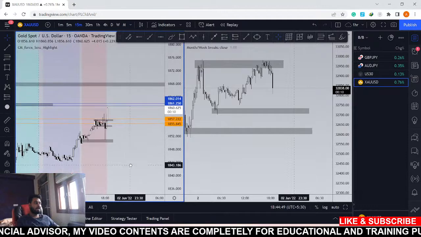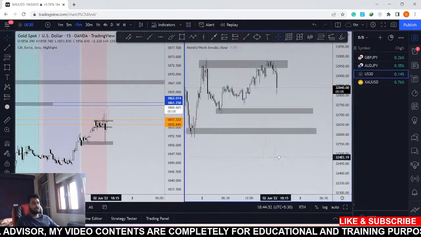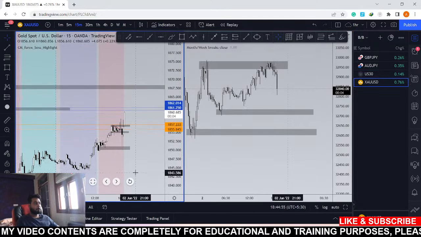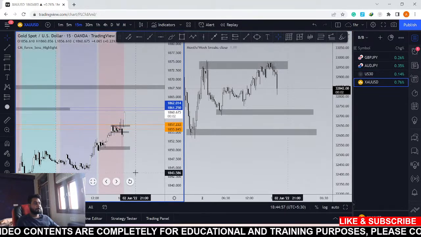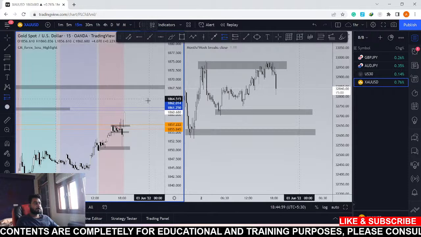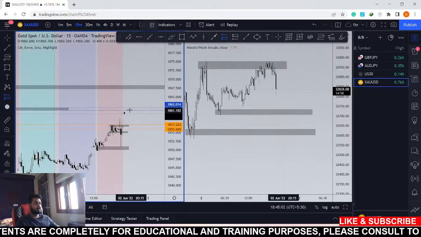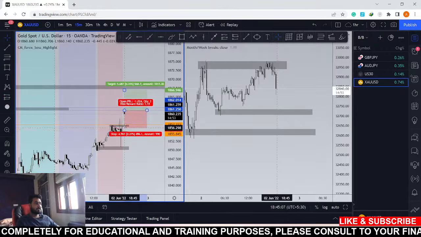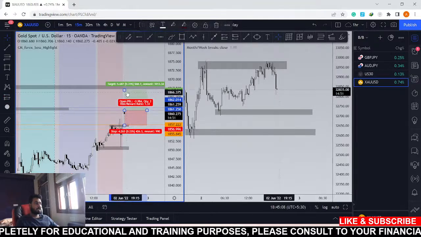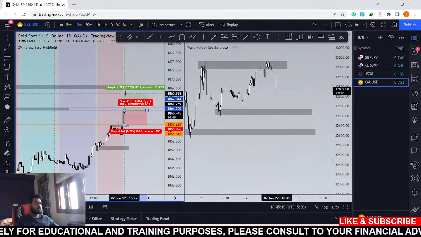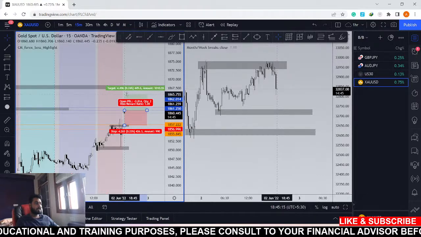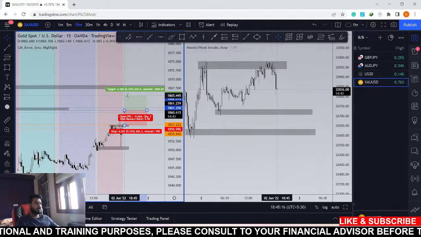So here, what I will do, I will be taking a limit order at this area, stop loss will be somewhere around this area, take profit at 1:1. That's it, because there is a high chance that it can retrace back from this zone.